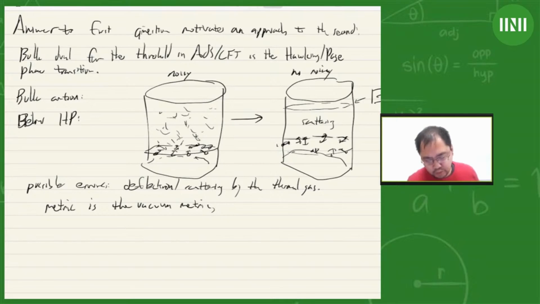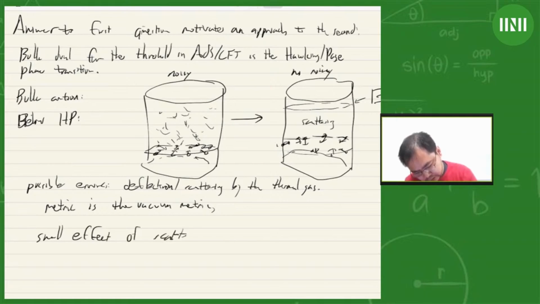If it were higher, it would warp the geometry to be something that's not close to vacuum ADS. So small effect of scattering due to gravitons. You can calculate exactly what this is and convince yourself that it's small. But most importantly, because it's small, it's correct.